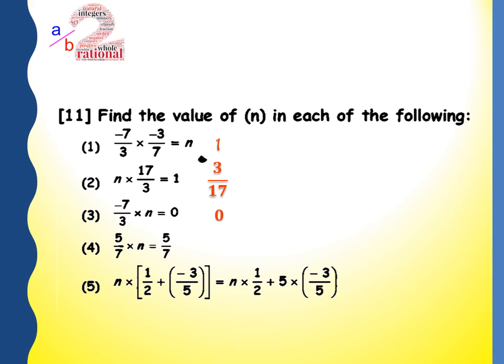And here the same rational number, so this n for sure is the multiplicative identity 1. And here I have the distributive property. I have a certain number multiplied by brackets with an addition operation inside. I will distribute multiplication over addition, so here n times half and here 5 times negative 3 over 5. For sure this n is 5.